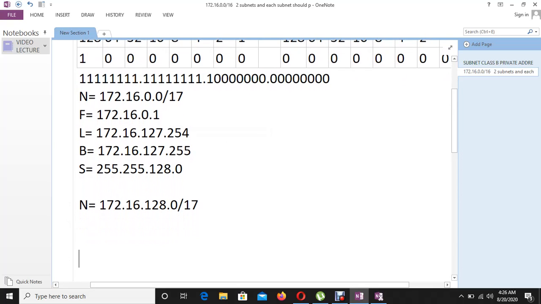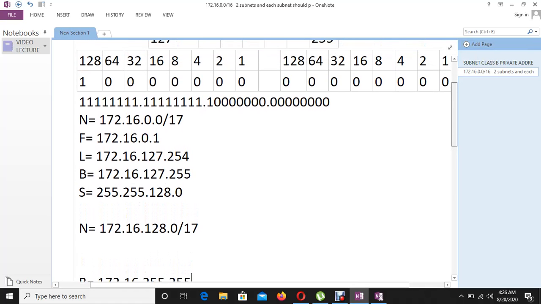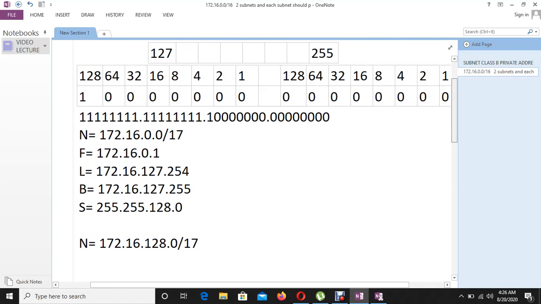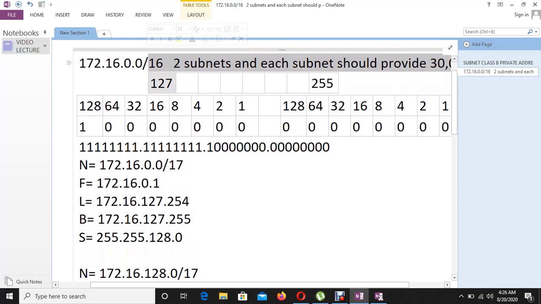The same thing here, the broadcast address would be 172.16.255.255. Why? Because the sum of the bits remaining here is 127, and the sum of the bits remaining here is 255. Now this 127, we have to add it to this 128.